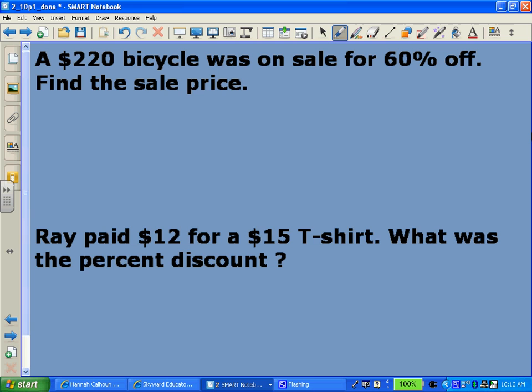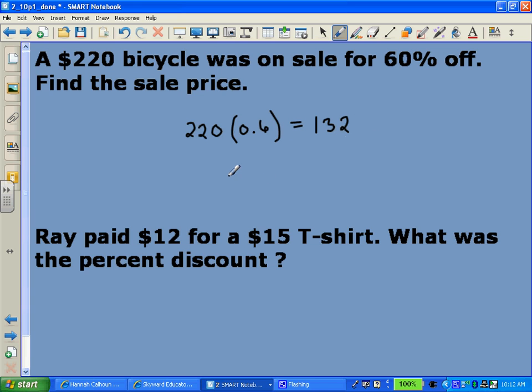So a $220 bicycle was on sale for 60% off. So the first thing I need to do is figure out what is 60% of 220. So I'm going to take 220 times 0.6. And that's going to be $132. Find the sale price.